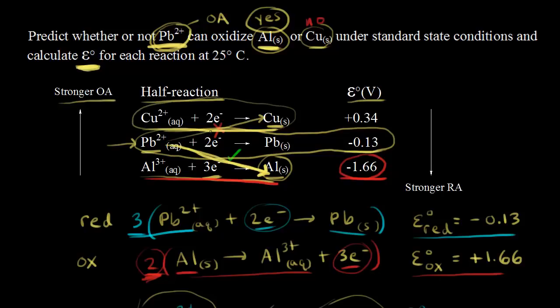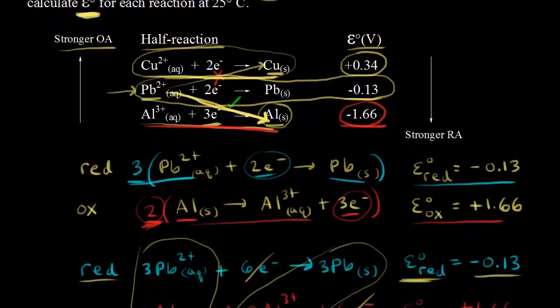When you're writing the reverse, remember you need to change the sign. This is positive 0.34 for the reduction of Cu2+. So for the oxidation of copper, it's negative 0.34, the standard oxidation potential.